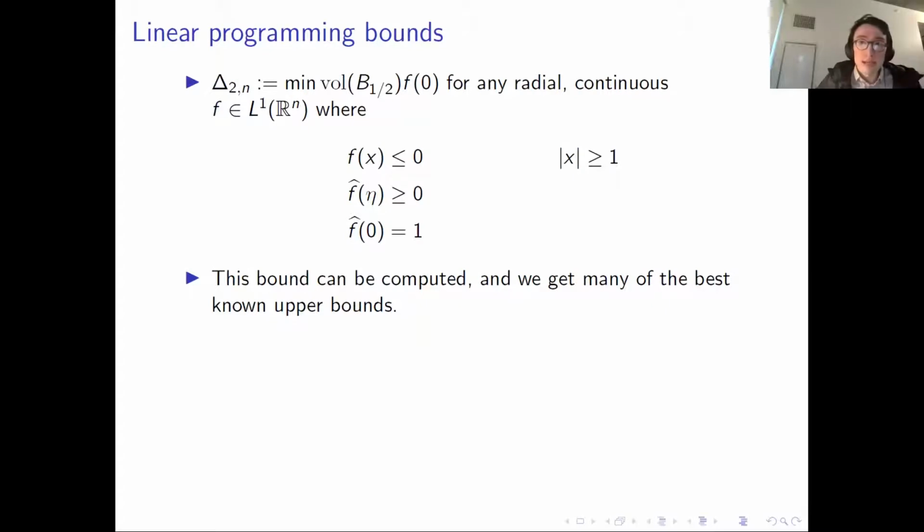One way to turn this into a semi-definite program would be to rewrite the fact that these polynomials on both sides have to be non-negative or non-positive, rewrite that condition as a sum of squares problem and solve that using semi-definite programming. So that's one way of doing it. It's not the most effective way of solving this particular linear programming problem, but it is a method that will generalize to 3-point bounds later.